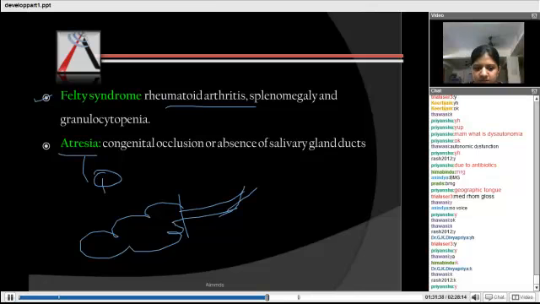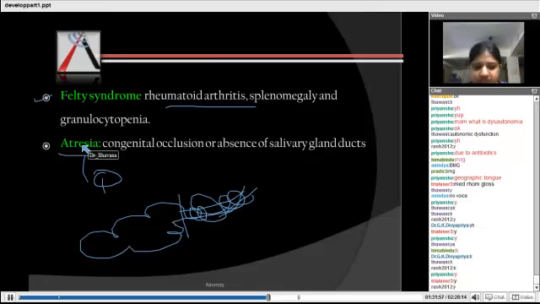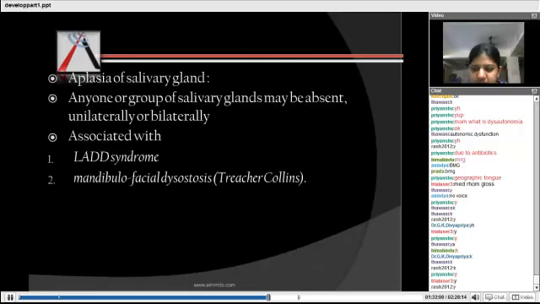When the duct goes missing, that is when we call it atresia. The gland is present but without the duct. So absence or occlusion of a salivary gland duct is atresia. This has been asked as an MCQ, so be sure of that.